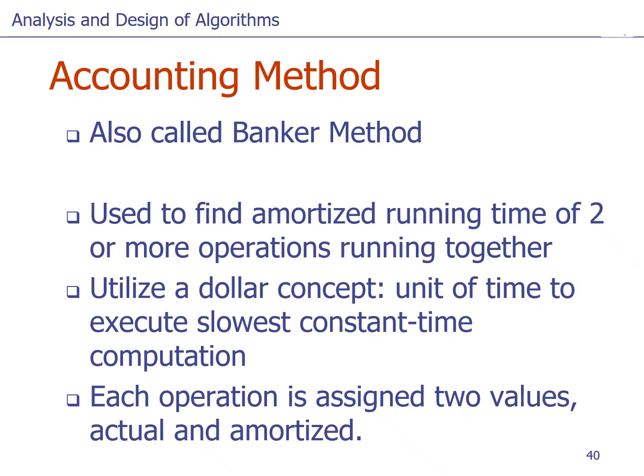Now, for that, this notion of accumulating money in a bank will turn out to be useful, because we will assume, as you will see, that a number of these operations have run, and then we ask ourselves, can we pay money for these operations from the bank? I'm just introducing the idea now, and you will see it in bits and pieces as we go along.